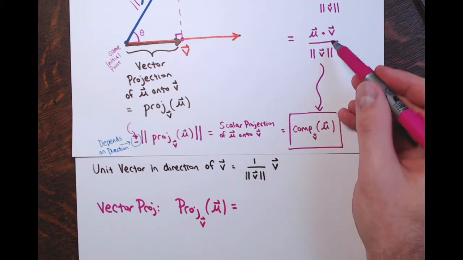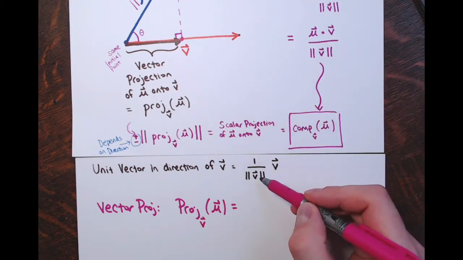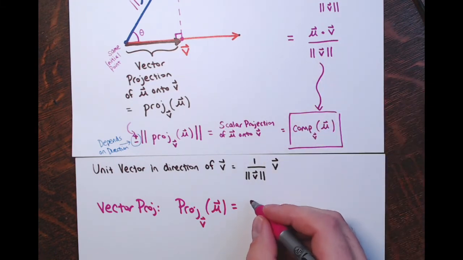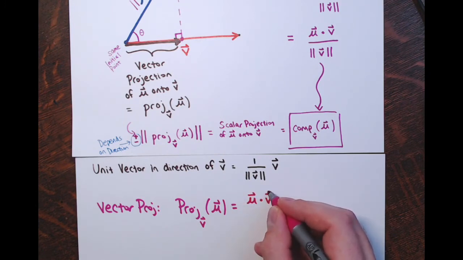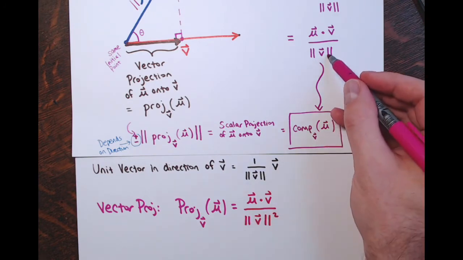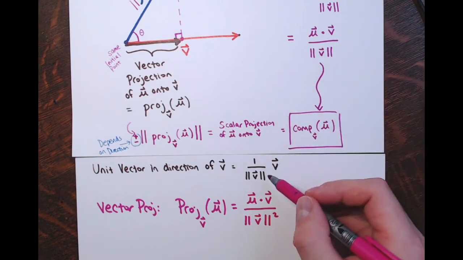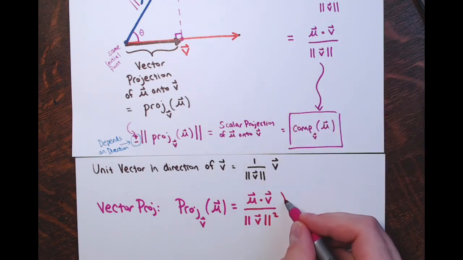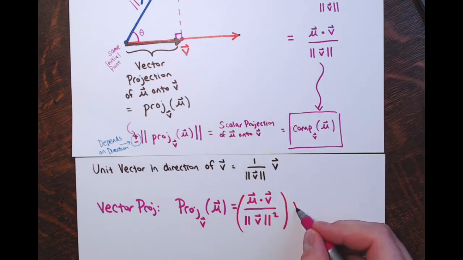Well, if I multiply these, you see how the denominators both have the norm of v. So that's u dot v divided by the norm of v squared, because they both have the norm of v in the denominator, times vector v. So there's a scalar there times vector v.